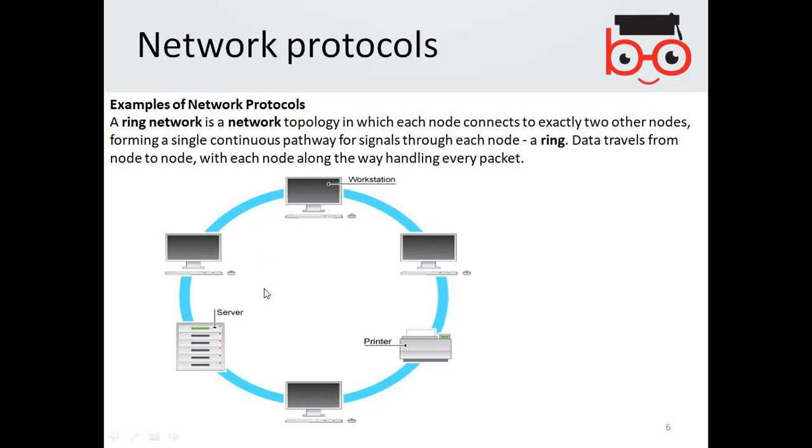This is called a ring network, forming a single continuous pathway for signals through each node. Data travels from node to node, with each node along the way handling every packet.